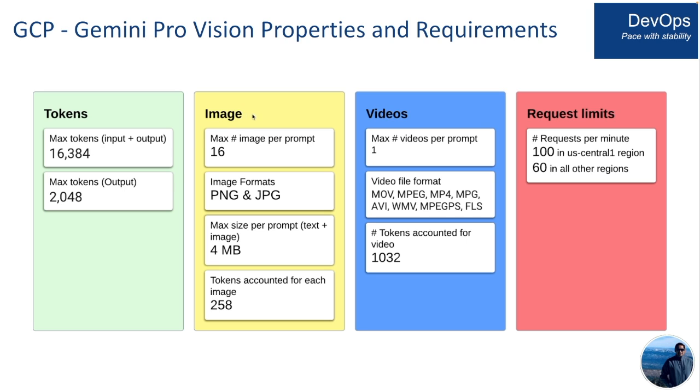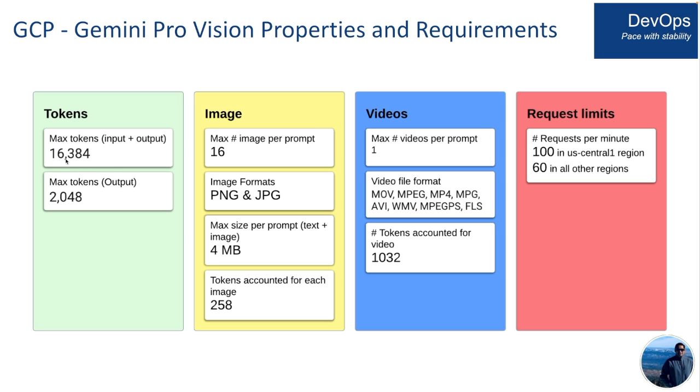From the image side, the maximum number of images we can provide to the prompt is 16. The image formats accepted are PNG and JPG. The maximum size per prompt, text plus image, could be only 4 MB, and the tokens accounted for each image is 258.